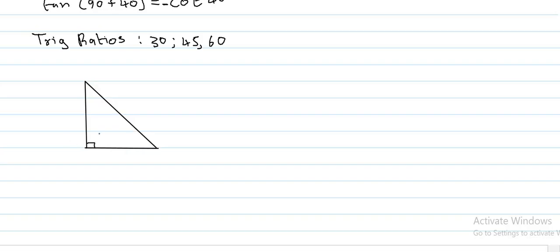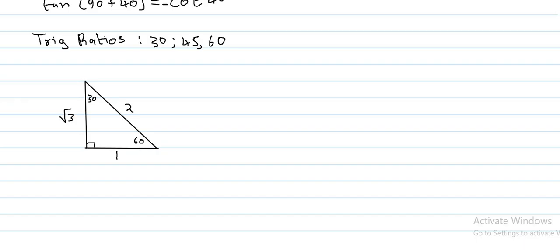This is our right angle triangle. The first triangle is where we get 60 degrees and 30 degrees. This was created from an equilateral triangle of length 2, and this was cut in half. We got 1. When we use Pythagoras, we get the square root of 3 to calculate the opposite side.